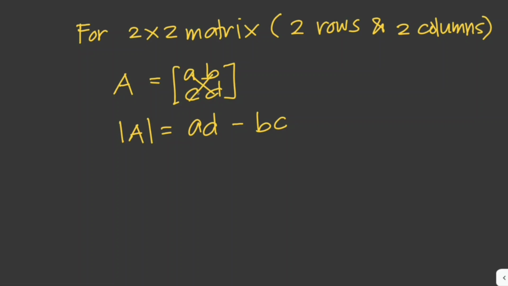You multiply A and D, and then minus B times C.